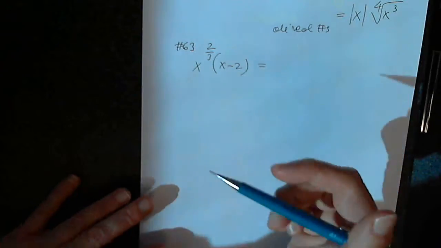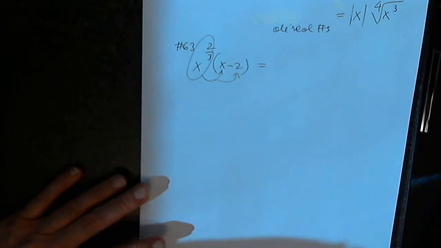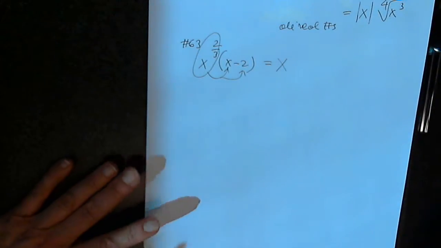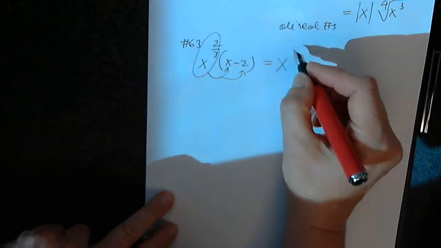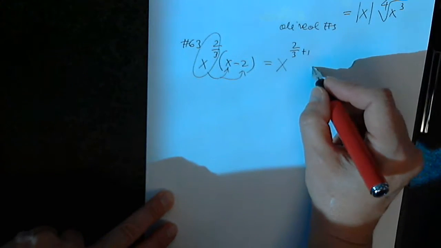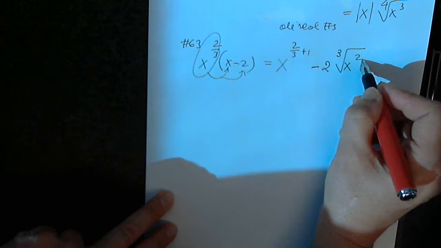So this quantity has to be distributed to these two terms. So when I distribute this to the first term, I copy the base. What do I do with the exponents? Very good. Yes, 2/3 plus 1. And then when I multiply by -2, all I have to write is -2, the cube root of x squared.